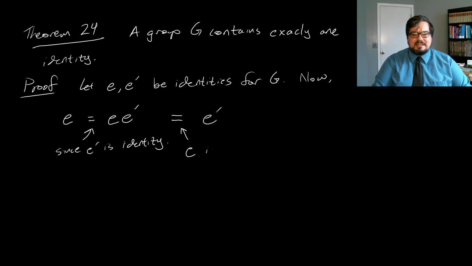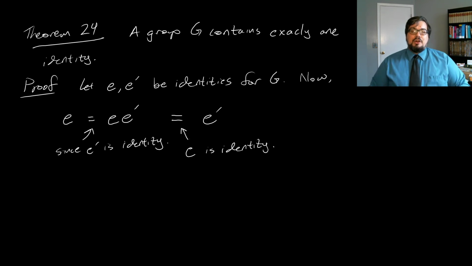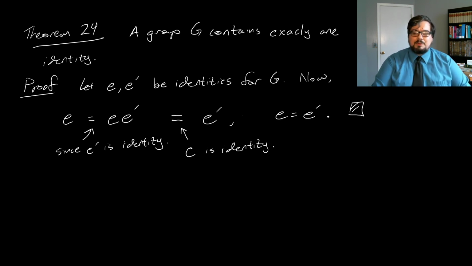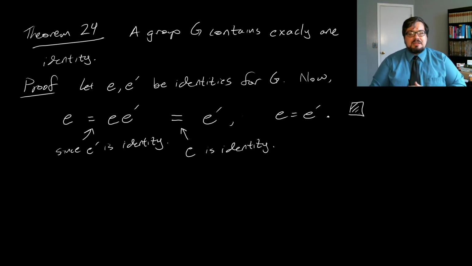So this is since E is an identity. Now, because equality is transitive, since E equals E prime, which equals E prime, this means that E has to equal E prime. And we're done. So not too difficult to show, just using the properties of what it means to be an identity.